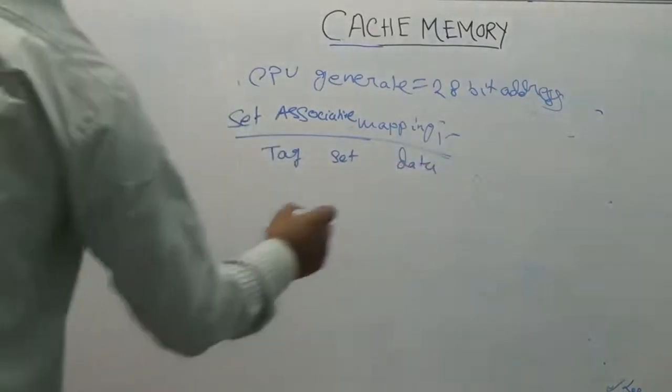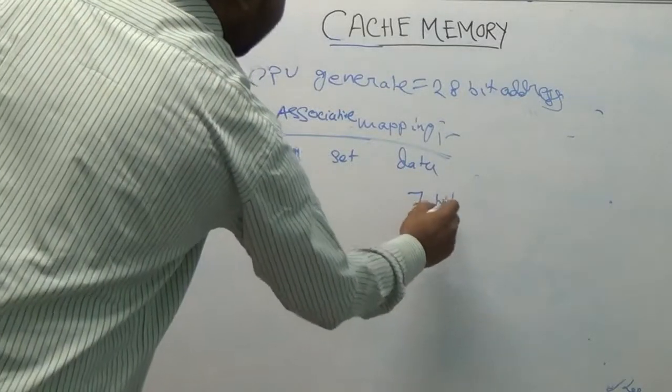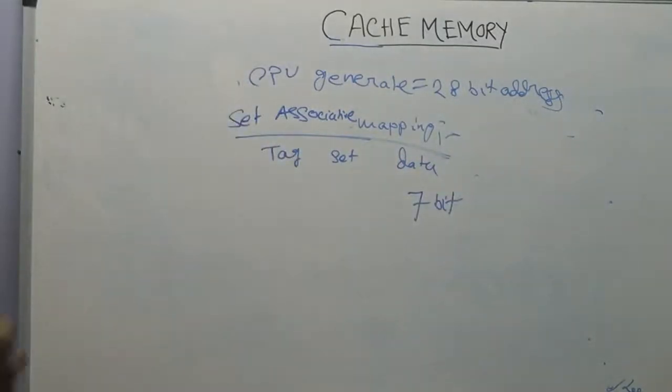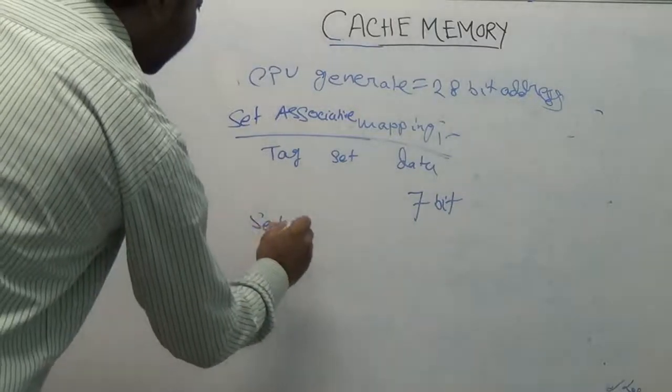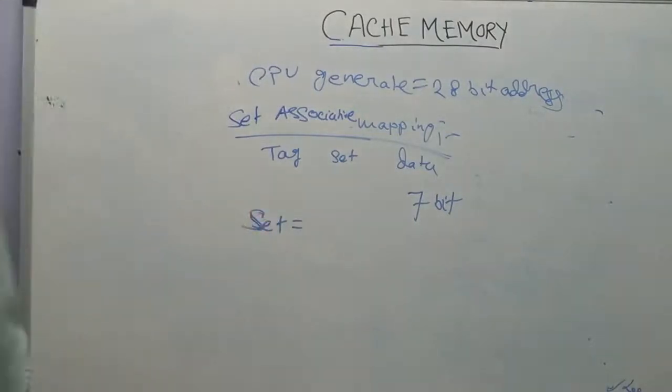We know that the value of the data is 7 bit. The remaining 21 bits will be used as tag and set fields. To calculate the value of set, we have to calculate how many sets are present in the cache memory.